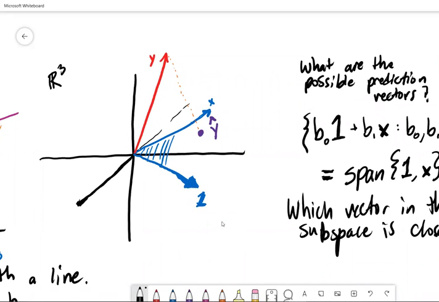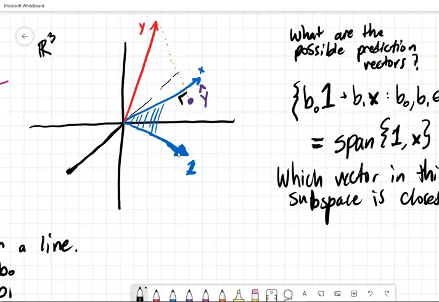You need to create a right angle right there. That's the answer.